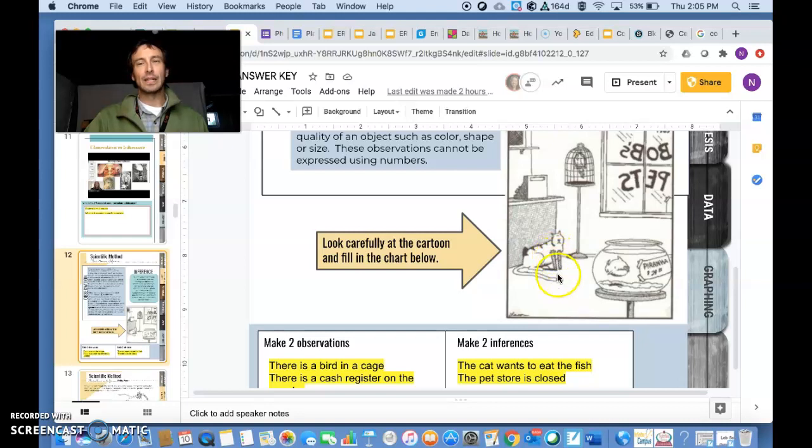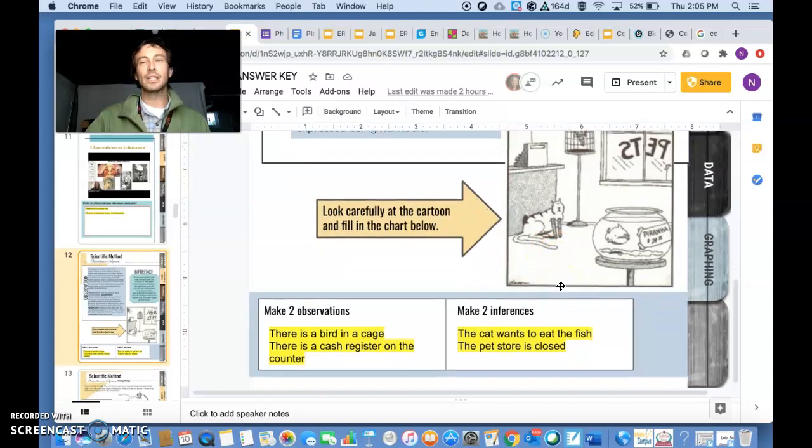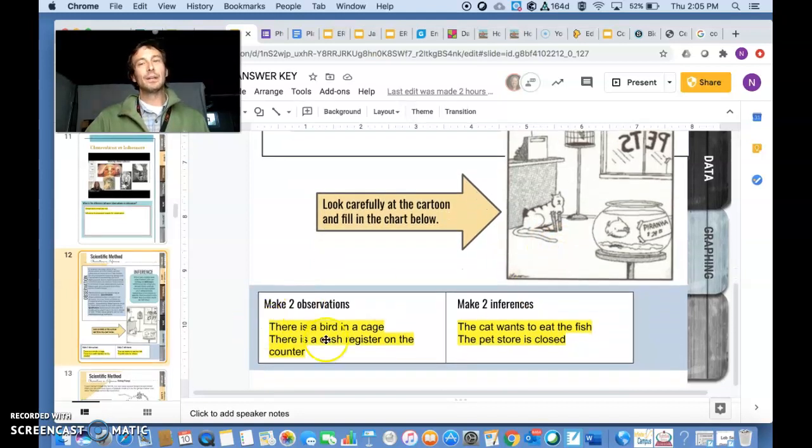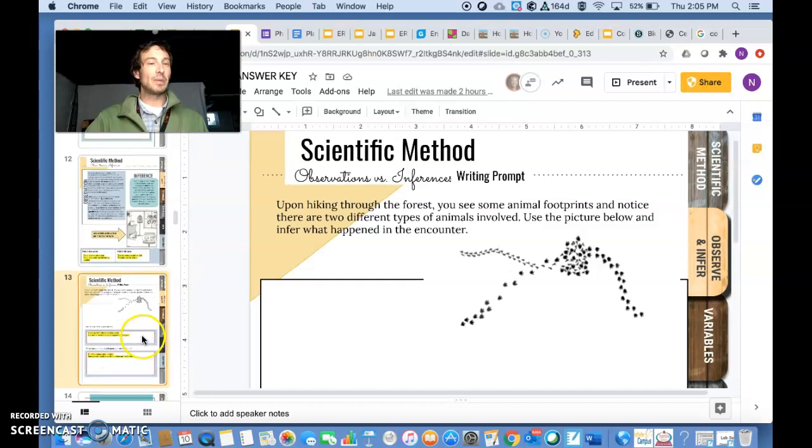If we look at this cat here, he's got a couple of wooden legs, we can infer that it has the wooden legs because it's tried to eat this fish, and upon closer notice, we see that that's a piranha. So obviously the joke is that every time the cat goes in there trying to eat this fish, it turns out to be the opposite. The fish is taking bites out of the cat. Okay, so a couple things, and you maybe had something different.